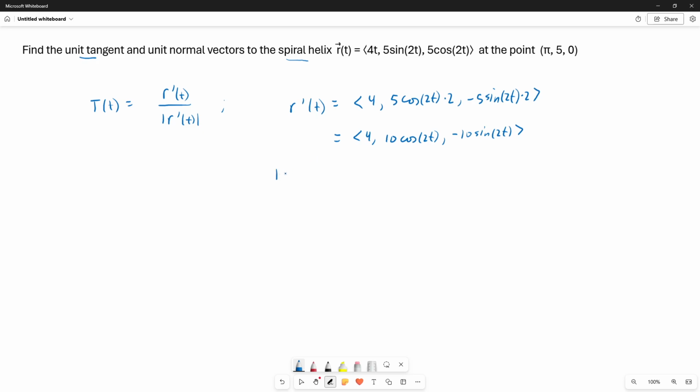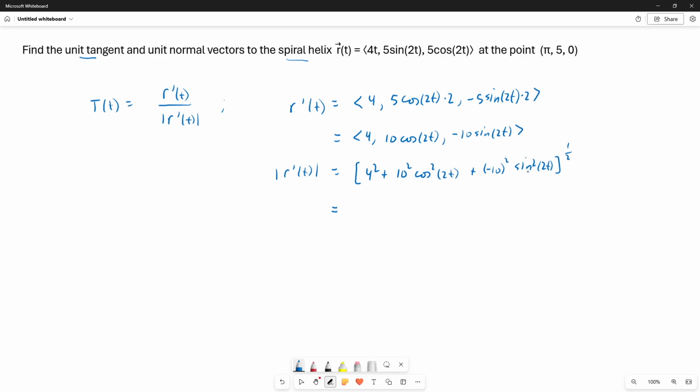And the magnitude of r prime of t is (4 squared plus 10 squared cosine squared 2t plus negative 10 squared sine squared 2t) to the 1/2 power, the square root of the sum of the squares of the components.